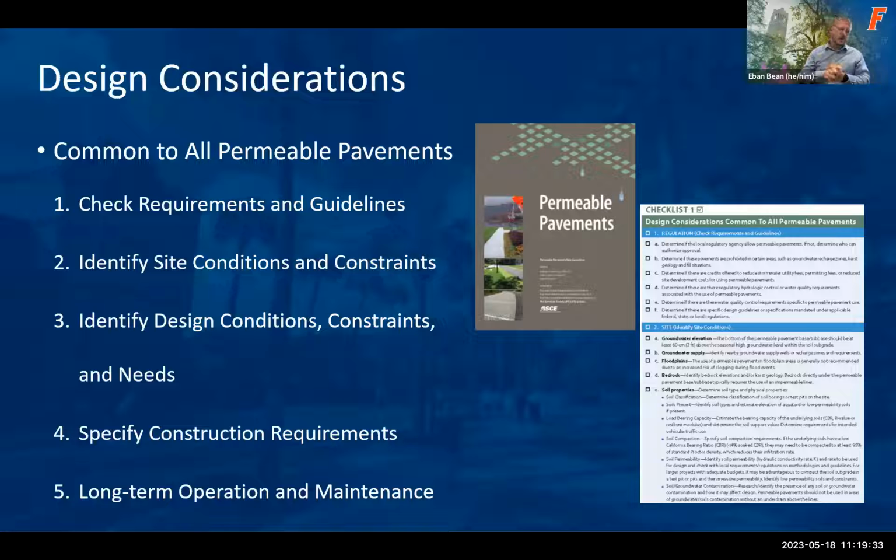Then you want to identify the design conditions, constraints, and needs, and then specify the construction requirements. Construction is a critical part of any type of permeable pavement system. It's such a narrow window in the overall life of the system, but it has such an impact on how the system actually performs. And then considering, even during the design process, how long-term operation and maintenance will be performed.